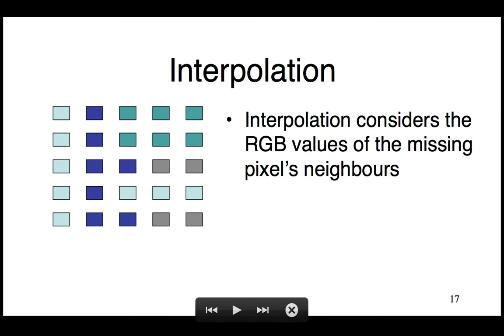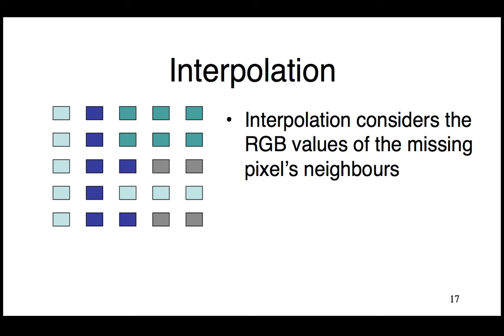If we look up here, I think it would be fairly clear that if this is green and this is green, then this is probably the same color green here. And if this is green and this is green, this is probably the same color. If this is green and this is green, then the one in between was probably the same shade of green. And the one in the middle there was probably the same shade of green as well. So we might be doing very well there.